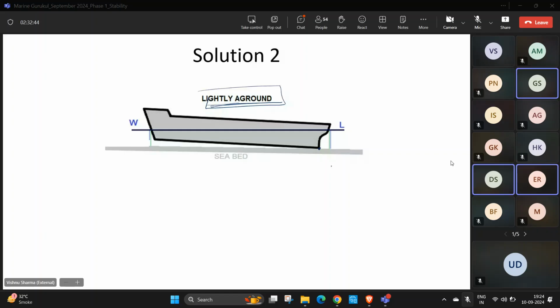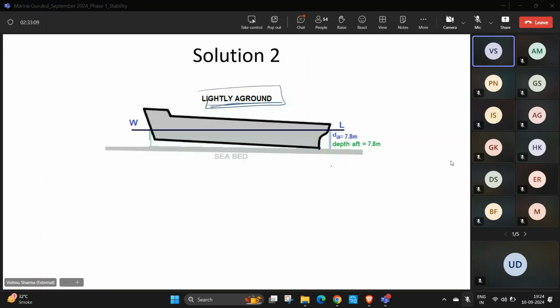7.8. And what is the draft aft? 7.8. Correct? Do you agree? Yes or no? Correct? Now at this time, what is the depth forward? 6.8.